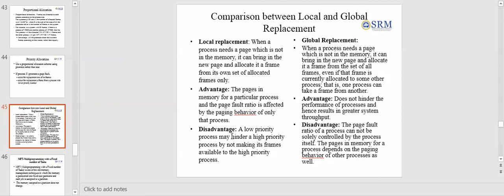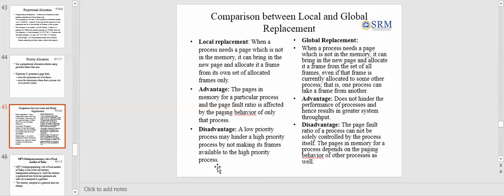Disadvantage: a low priority process may hinder a higher priority process by not making its frames available to the highest priority process. This happens usually when you are swapping or bringing in a process when you want to do a replacement.